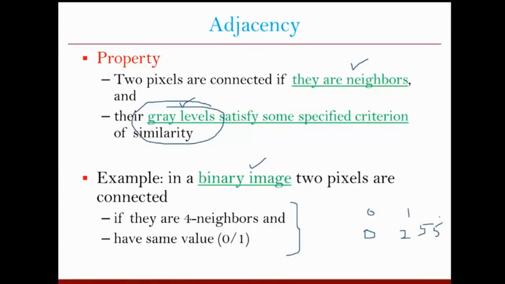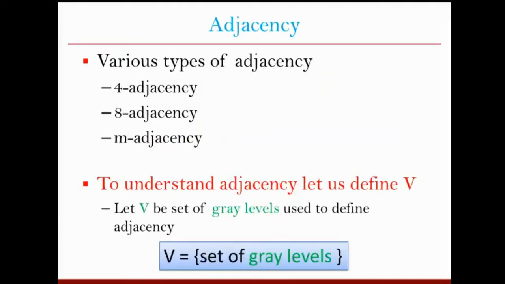So it's simple to define adjacency in this case, but let's say we want to define adjacency when we have a lot of gray levels. So then to define the adjacency, first we define a set V of the gray levels, and once this set is defined, with the help of what kind of neighborhood you are considering, whether you are considering 4 neighborhood or you are considering 8 neighborhood.